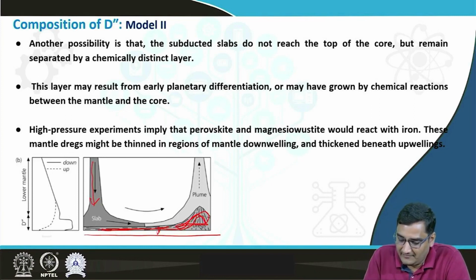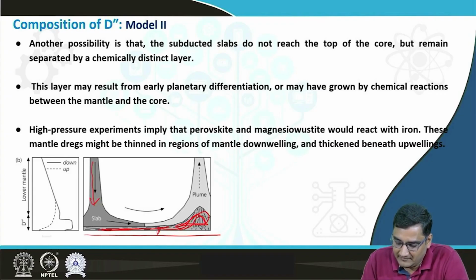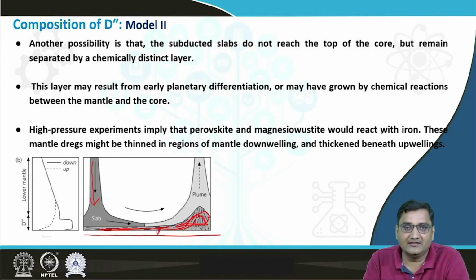High pressure experiments imply that the perovskite and the magnesiowüstite in the lower mantle would react with the iron, and these drags might be thinned in the region of the subducting slab or the downwelling slab.